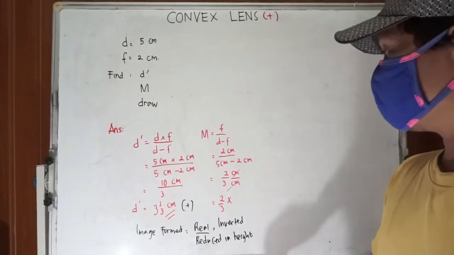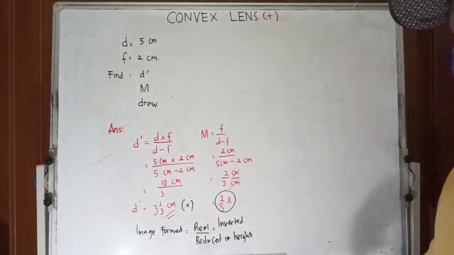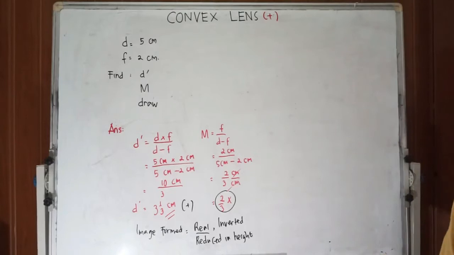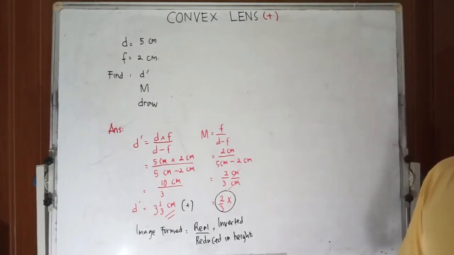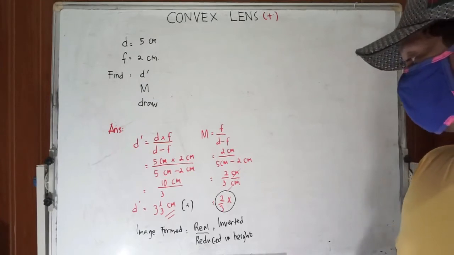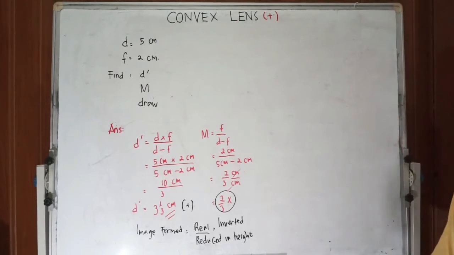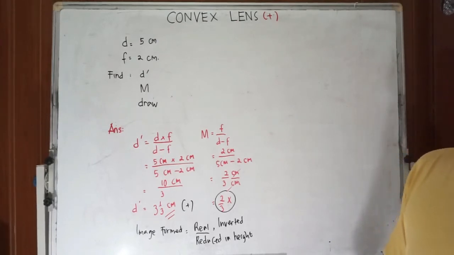How do you know? Because M is 2 over 3 times. If M equals 1 it means the height is the same. But if M is less than 1 it means reduced in height. But when M is more than 1 it means increased in height.